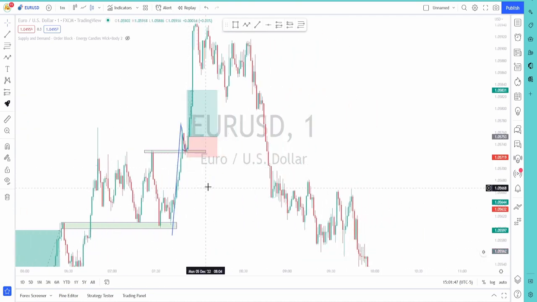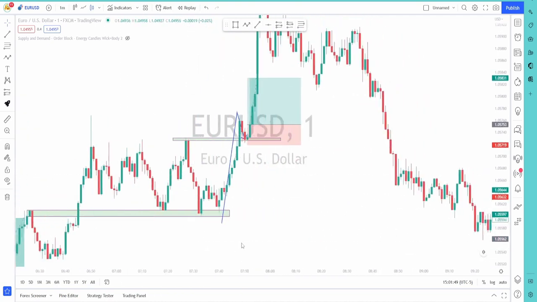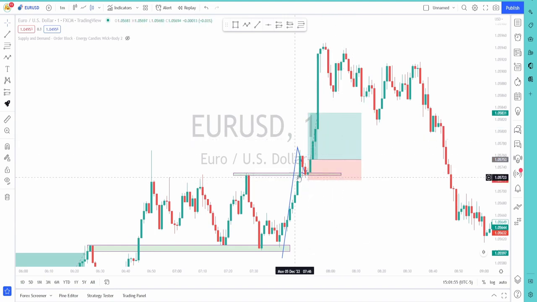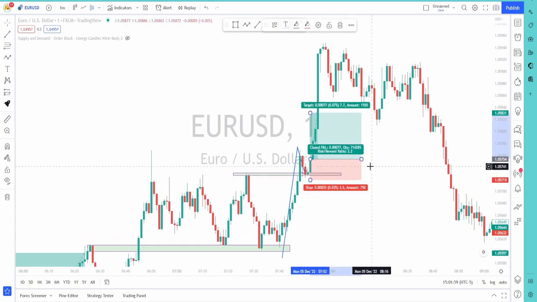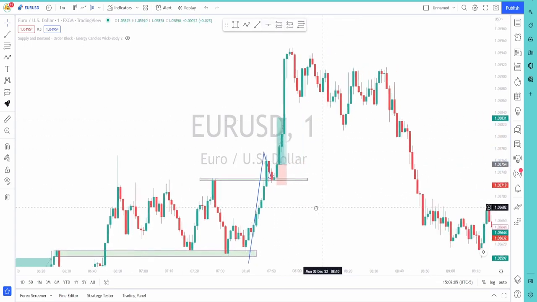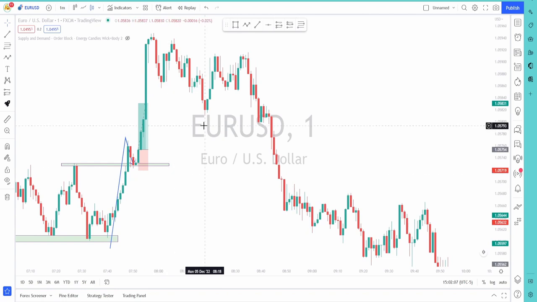Now, you're not going to catch the whole move, but that's okay. You don't need to. You can see this was a 2.29. And this was a quick trade. This only lasted minutes.